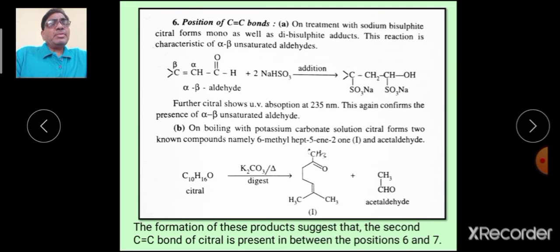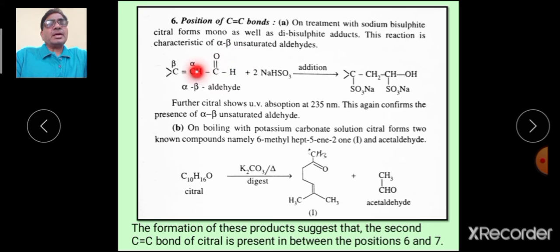On treatment with sodium bisulfite, citral forms mono as well as dibisulfite adducts. An addition product is formed, and this is the characteristic reaction of an alpha beta unsaturated aldehyde. This is the aldehyde group, and this is an alpha beta unsaturated aldehyde.